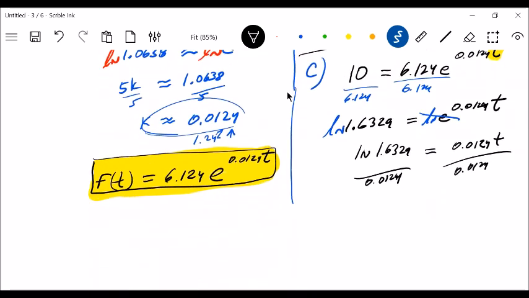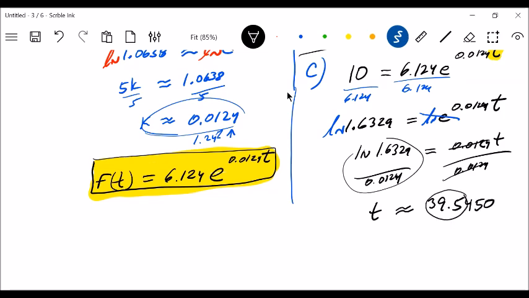And so that cancels out. T is equal to this, and put it in the calculator. Okay, and I'm going to put that in right now to find out. Natural log of 1.6329 divided by 0.0124, and it's approximately 39.550.